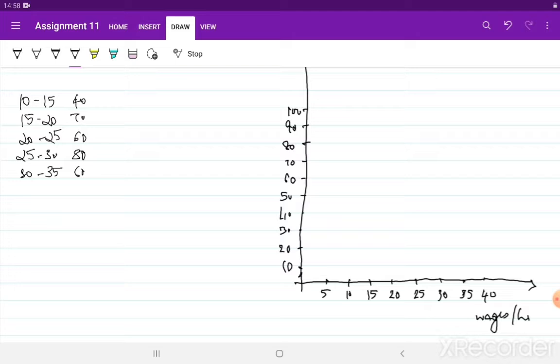On my x-axis I have wages per hour, and on my y-axis I have number of workers. I'm using the short form.